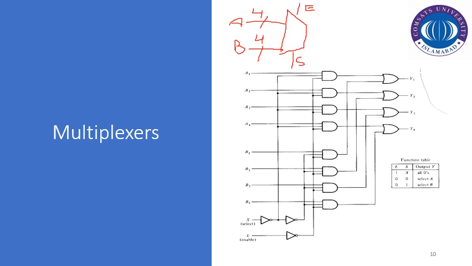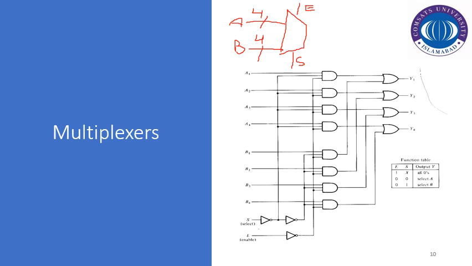If you see the truth table that has been shown here, if the value of E equals 1, whatsoever the status of the select line is, all the outputs should be 0. So it's just like a refresh, or you can say that the default state is 0.